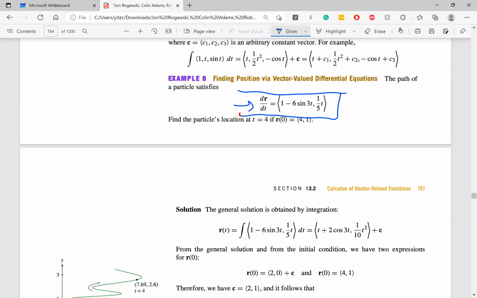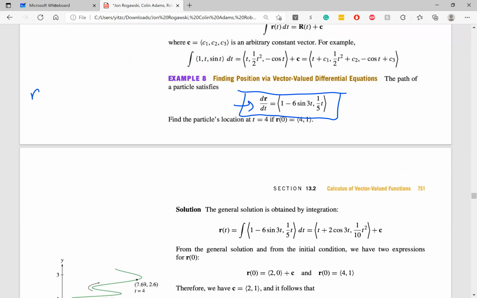So dr dt is the same as r prime of t, which is v of t. So you have v of t, and they ask you to find the location of the particle at t equal to 4 if at r of 0, so at t equals 0, you're at 4, 1.